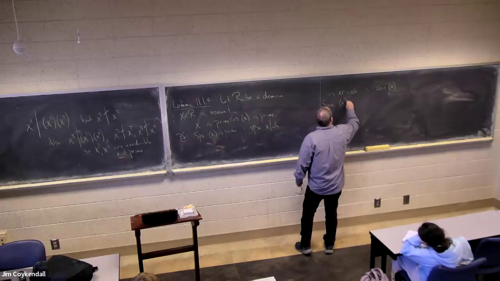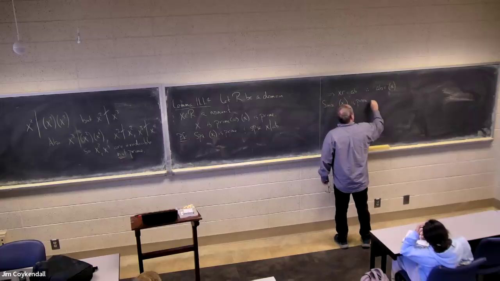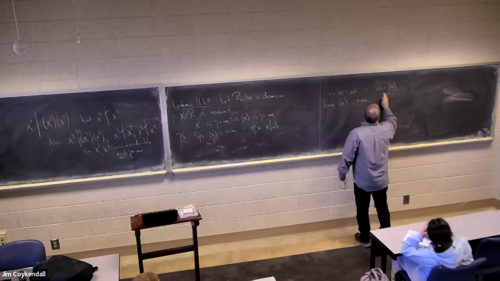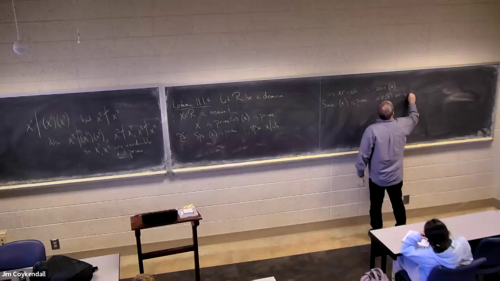Since the ideal generated by x is prime, a is in xR or b is in xR.